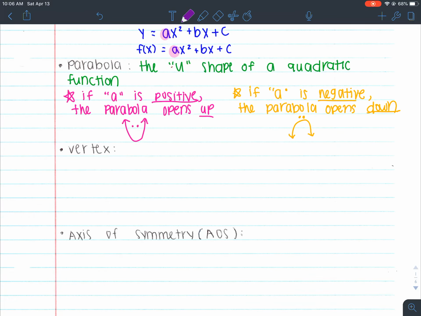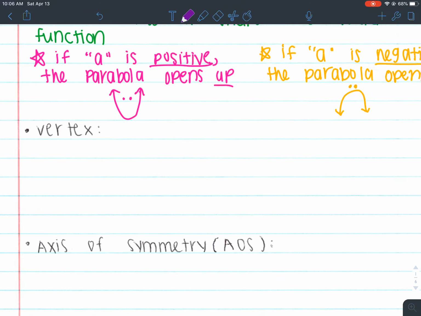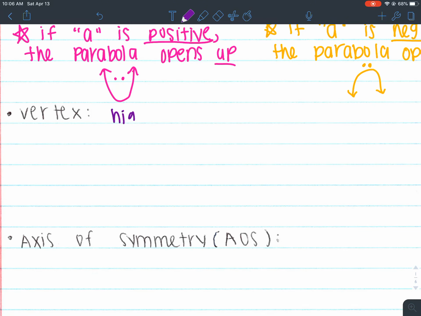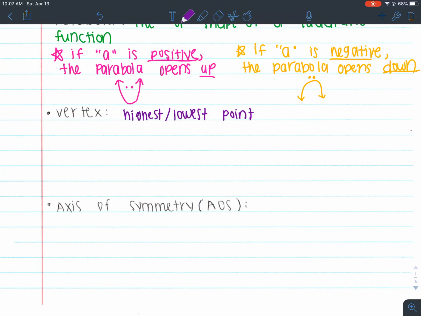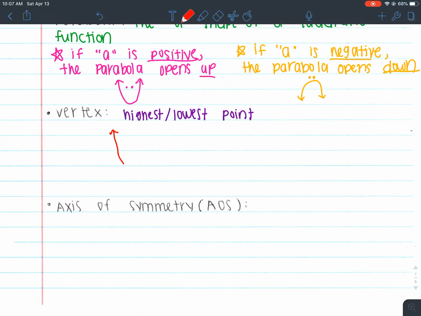Moving on, the vertex. That is our highest or lowest point. I did leave some space because I am going to draw two parabolas.